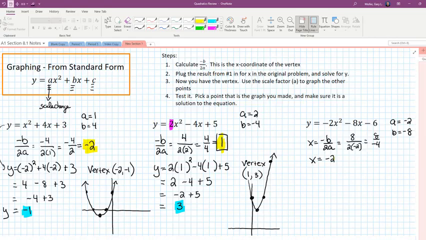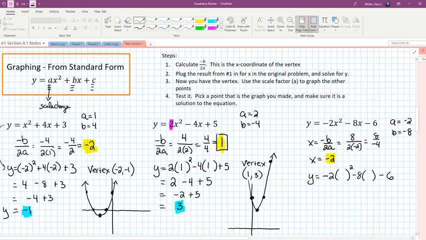So I have my x. Now I just repeat what I did before. Y equals, watch your negatives, negative 2 parenthesis squared minus 8 parenthesis minus 6. Drop in your negative 2, and now we just are careful.